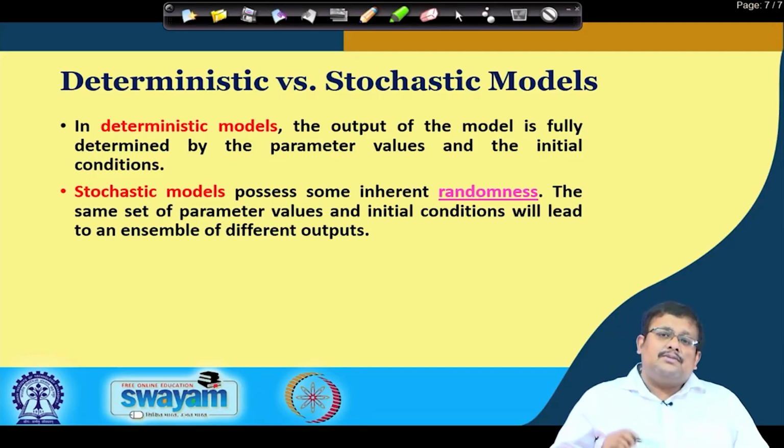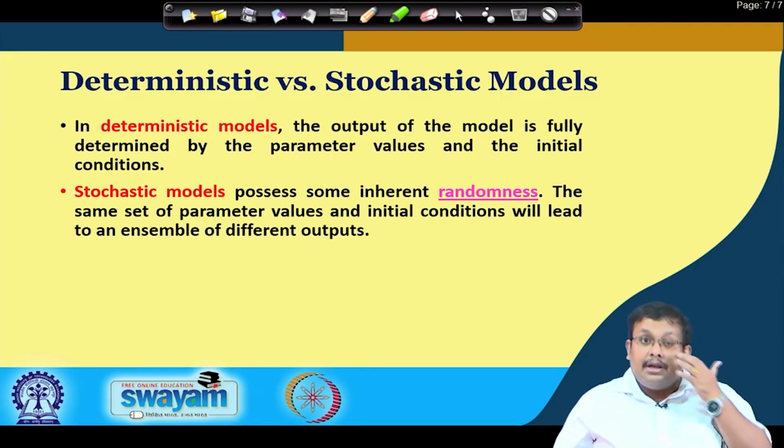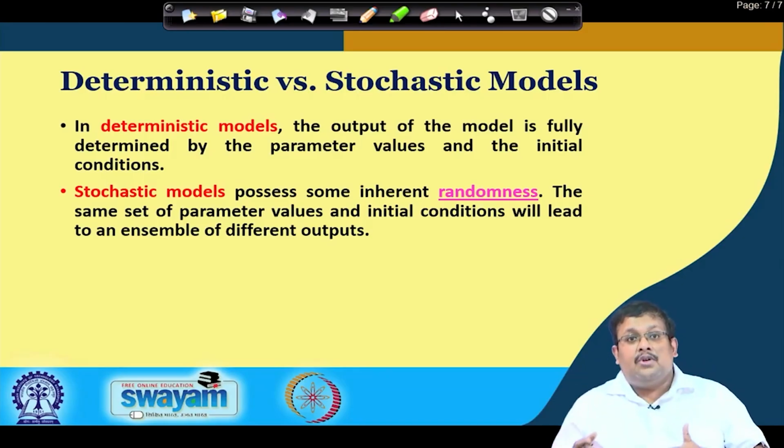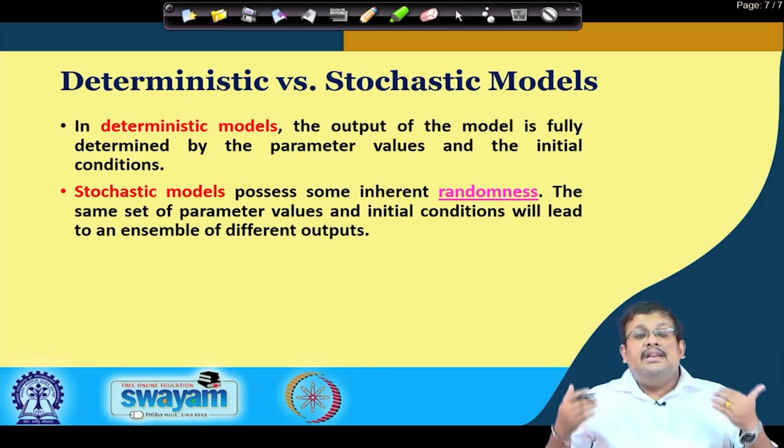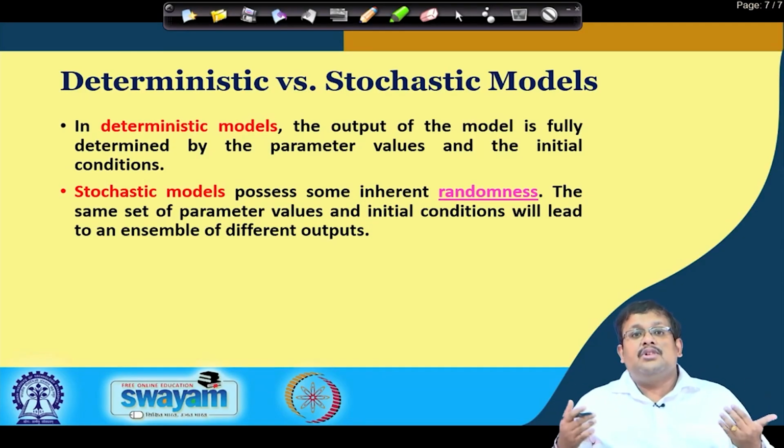We will discuss both of them in detail in our coming slides, but conceptually, in a deterministic model, the output of the model is fully determined by the parameter values and the initial condition, whereas stochastic models possess some inherent randomness.